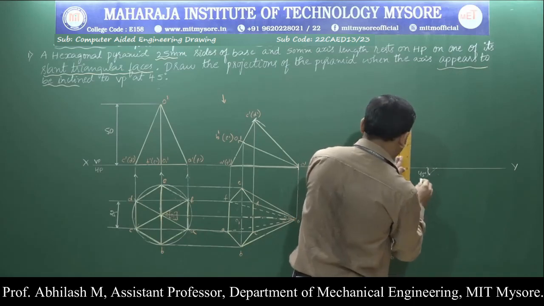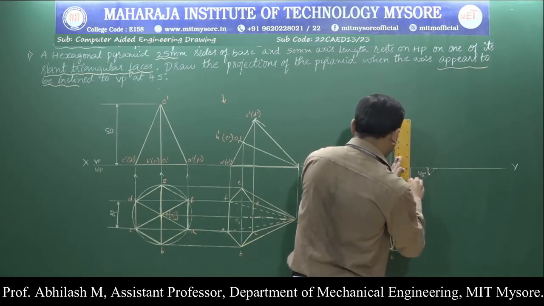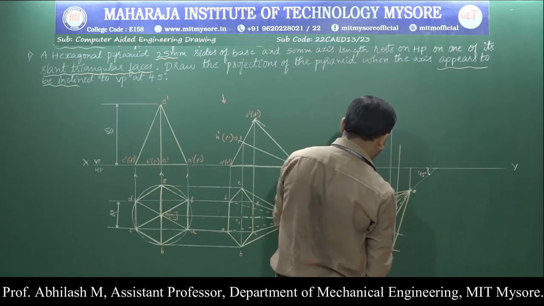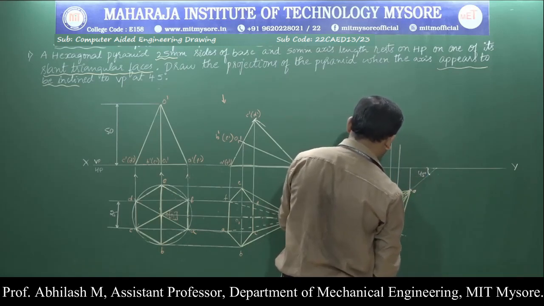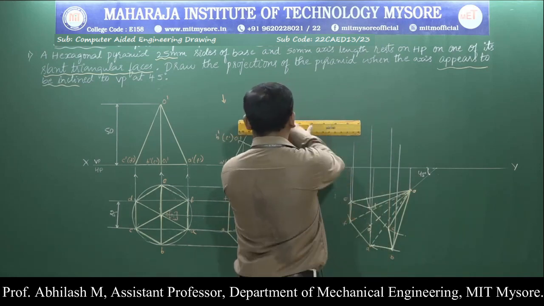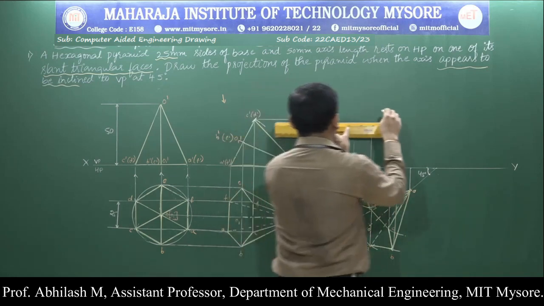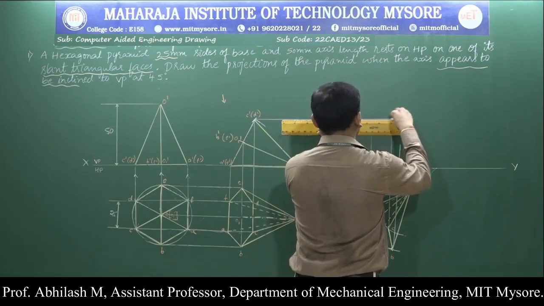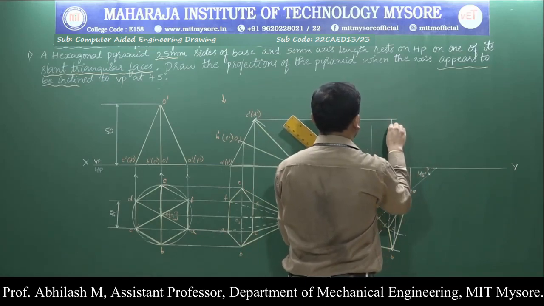From the point of O, draw the projection lines, and from the point of O1 as well. So we are supposed to draw it from O1 itself. Also draw the projection lines from C dash to D dash.